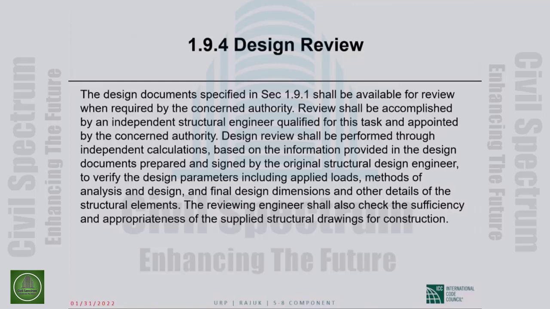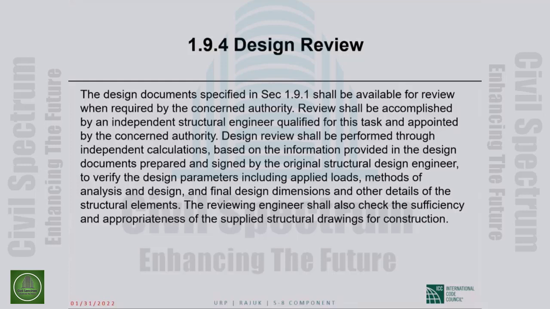Then we talked about design review and construction observation, remember? So this is design review in 194. The design documents shall be available for review when required by the concerned authority.